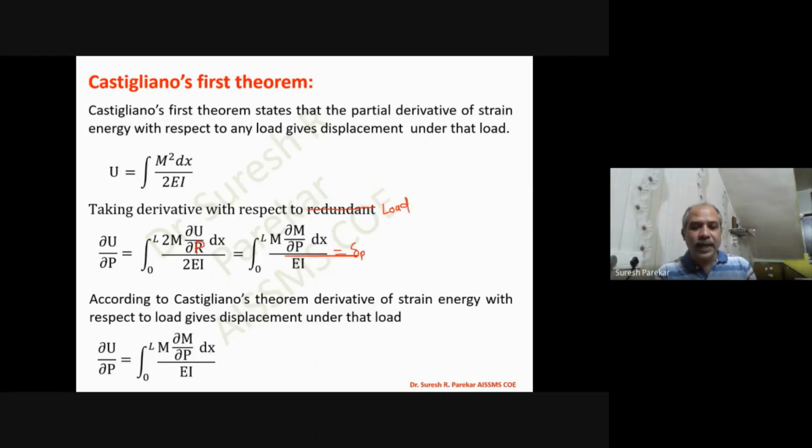So delta U by delta P is equal to integral 0 to L of M delta M by delta P dx upon EI, and this gives me the displacement under load P. Now we have to go only for this equation. We need not go for anything else. Here we can see the displacement under that load, which we denote as delta suffix P.